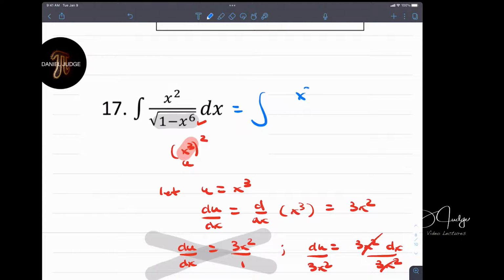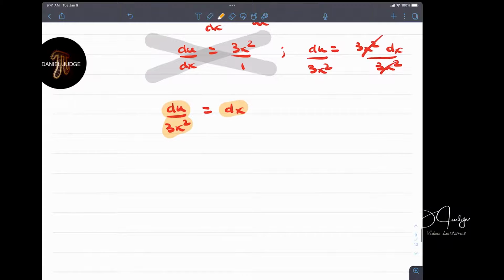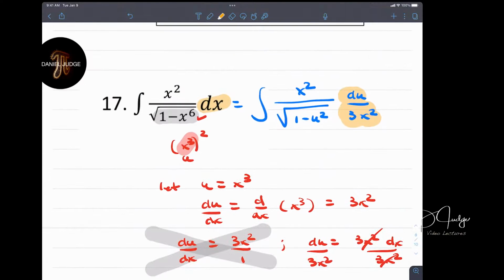We already have the x squared there. This is the square root 1 minus u squared. Now, this is the dx we're talking about. Du over that 3x squared we just found. That was in orange. Okay. There it is. Don't forget to bring the 3 here.